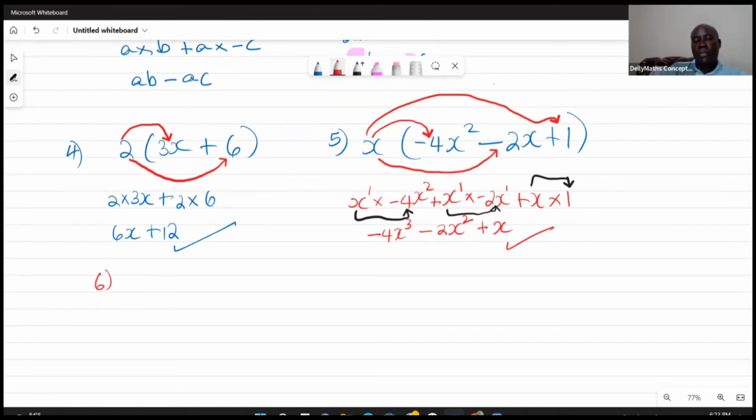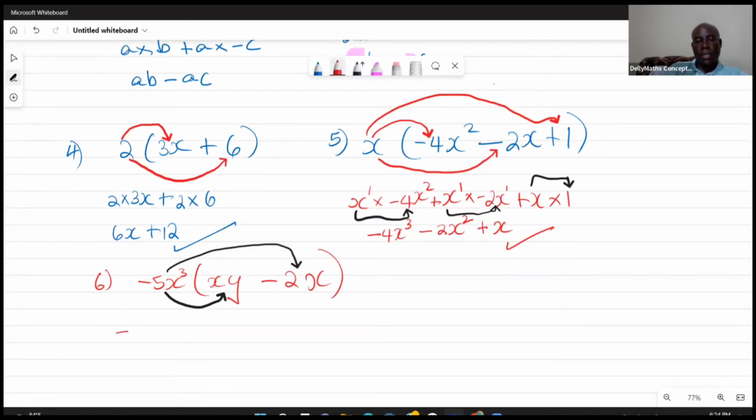So for number 6, I'm going to have outside a term raised to a power. And inside I could have anything. I could have an xy and a minus 2x. Principle remains the same. This negative 5x to the third will be multiplied by xy, and then it's going to be multiplied by negative 2.